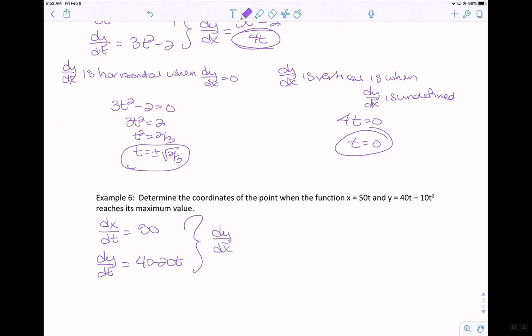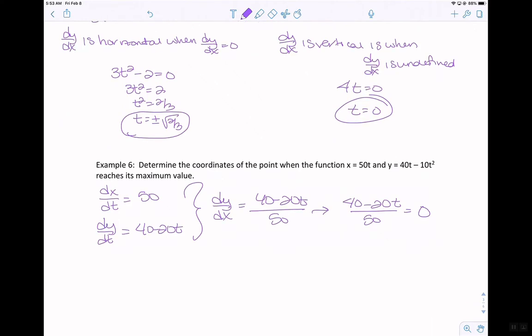So dy/dx is 40 minus 20t divided by 50. And I'm going to set this equal to 0 because I need to figure out my critical numbers. So everything works just the same way that we did back in the fall semester, but now we're just doing it with t being the independent variable. So I multiply both sides by 50, so I get 40 minus 20t is equal to 0. So 20t is equal to 40, so t is equal to 2.